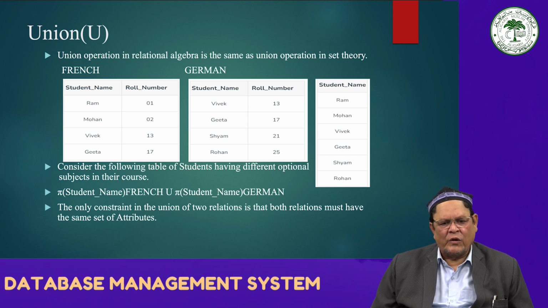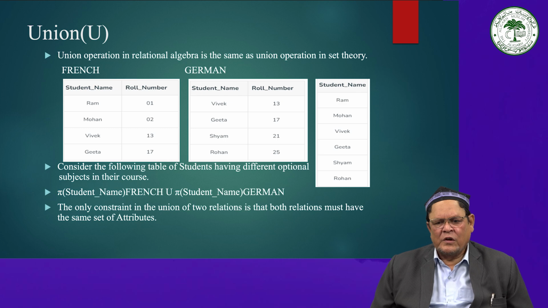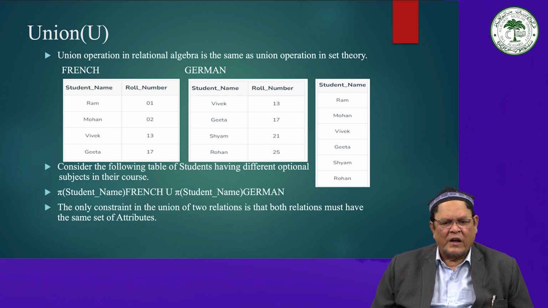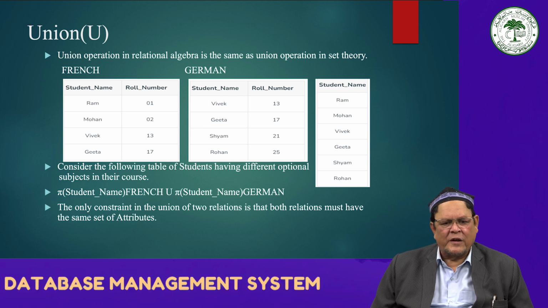Union is particularly useful for combining data from multiple sources or performing operations such as data integration or data aggregation. It allows users to consolidate information from different parts of the database or even from different databases together, facilitating comprehensive analysis and decision making.